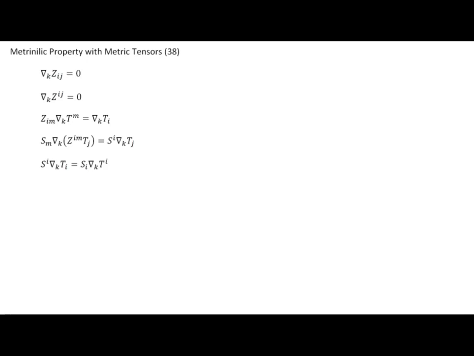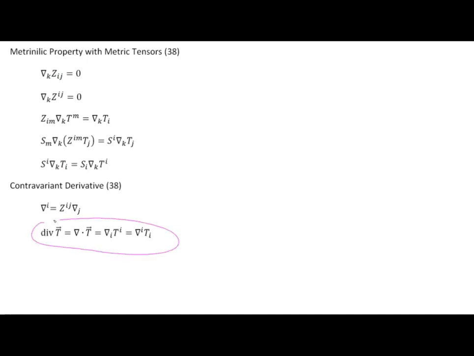Now this led to the definition of a new operation that we call the contravariant derivative, and it simply gives us a mechanism where we can perform our derivative operation to produce a contravariant index instead of a covariant index. Now that means that we can extend the definition of something like our divergence to include this additional term.